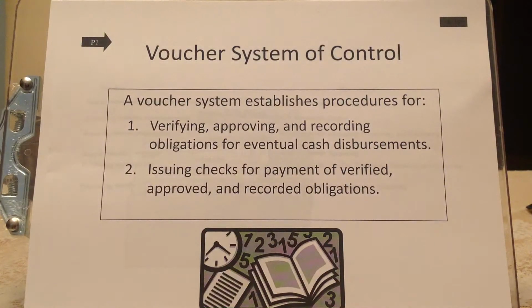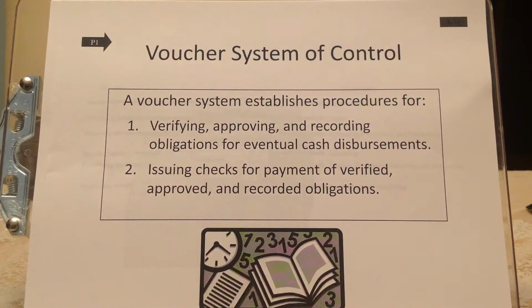There are a couple of different ways you can run cash disbursements. You can go through a check register system, or you can go through the voucher system of control, which establishes procedures for verifying, approving, and recording obligations for eventual cash disbursements, and issuing checks for payments of verified, approved, and recorded obligations. So what happens when a company gets an invoice for something that they purchased?